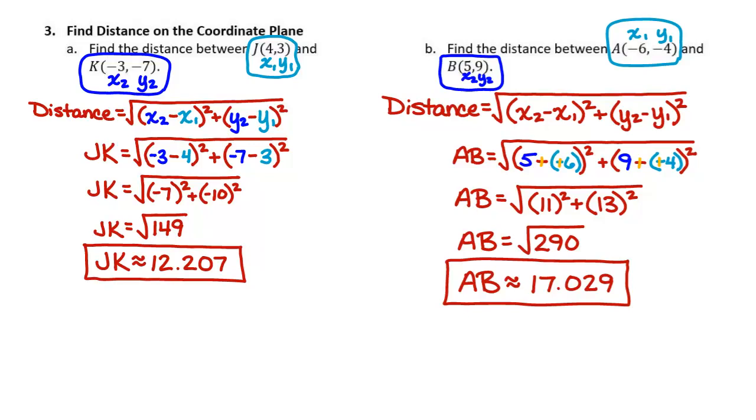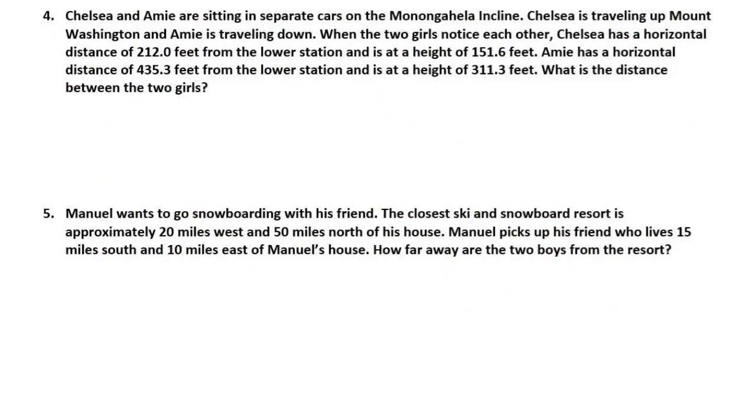Okay. Let's look at some story problems using distance formula. Chelsea and Amy are sitting in separate cars on the Monongahela incline. Chelsea is traveling up Mount Washington and Amy is traveling down.